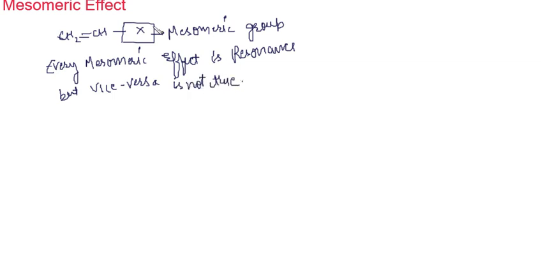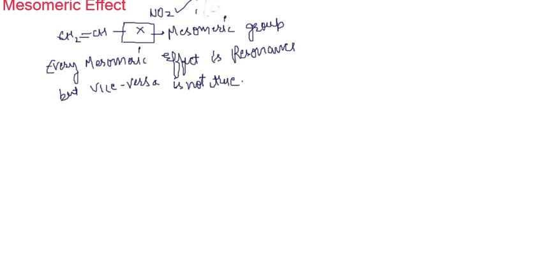When there is a group like NO2, then it is a mesomeric effect. But in a compound like Cl in this particular example, we will not consider it as a mesomeric group. So every mesomeric effect is resonance, but vice versa is not true.